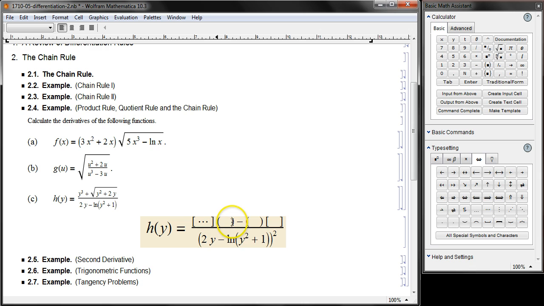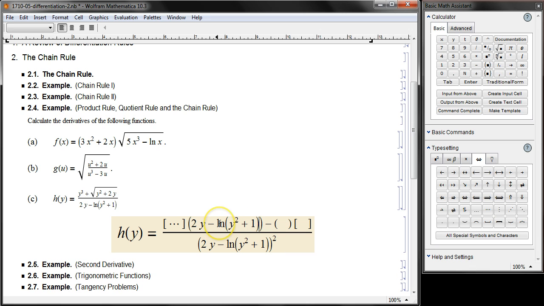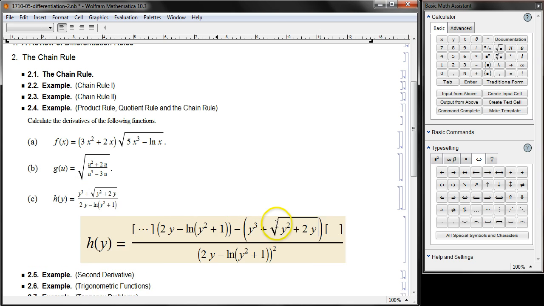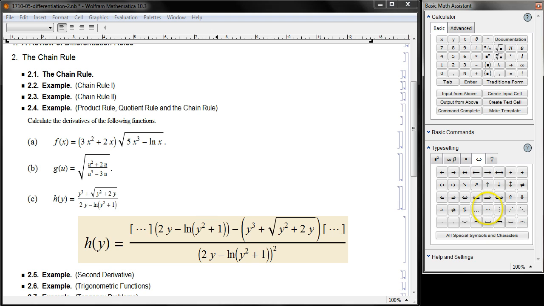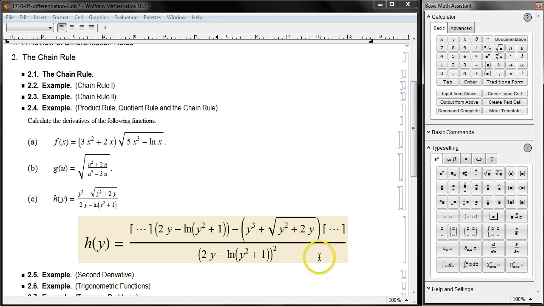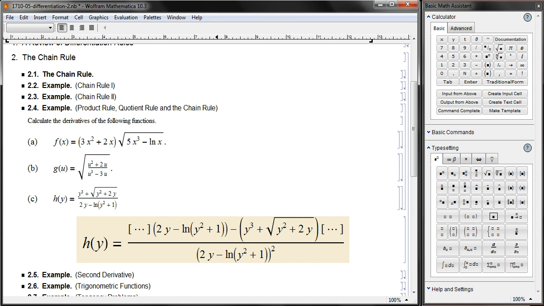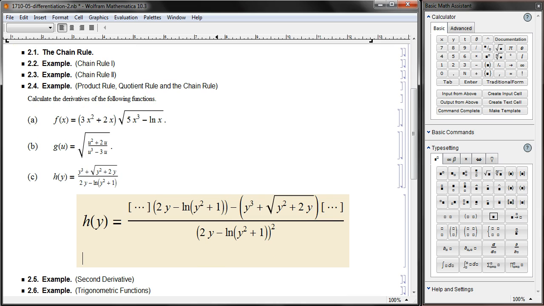Just copy and paste here. And then the numerator times the derivative of the denominator, and I guess that completes step 1, the quotient rule part, the outer structure of the quotient rule.